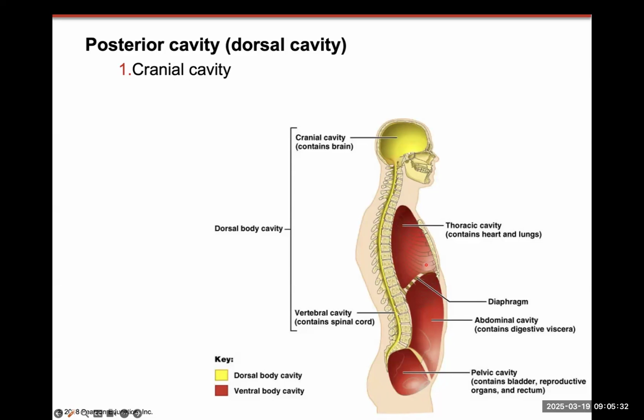So you point to it from the front and that's still thorax. If you point to this from the back, it's still called thorax because you have the ribs. So you have ribs and this is called thoracic cavity, and that's going to be housing the heart and the lungs.